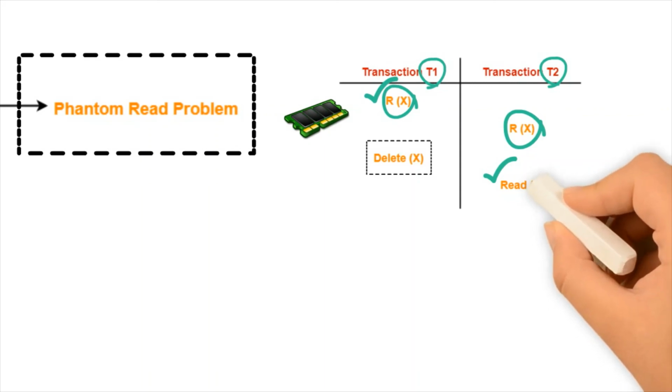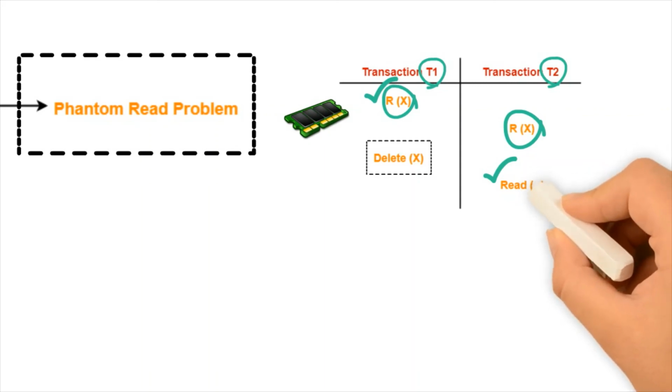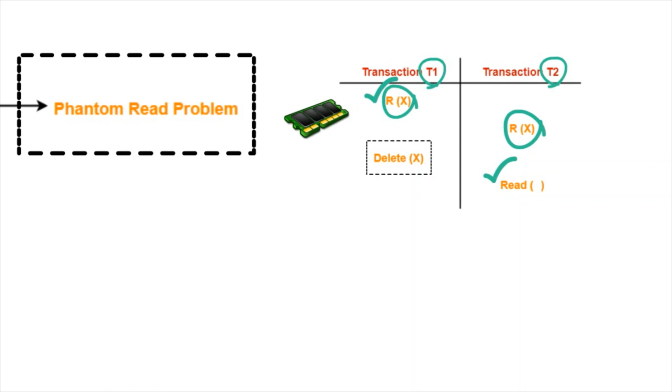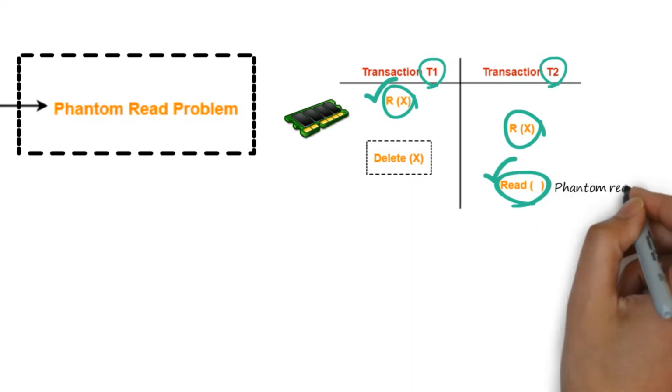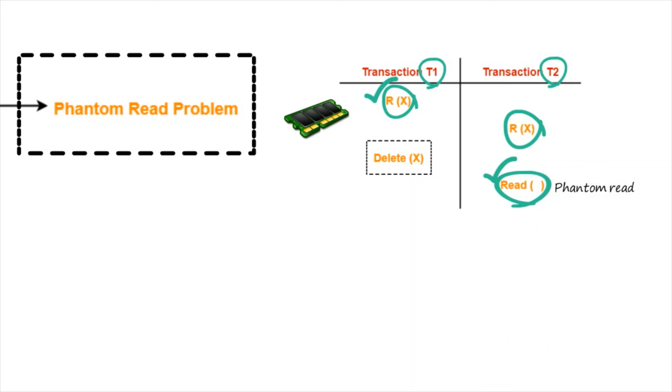So T2 wonders who deleted the variable X, because according to it, it is running in isolation. Means T2 understands that this is the only transaction in the database. So as a result, this read operation is known as a phantom read for transaction T2.